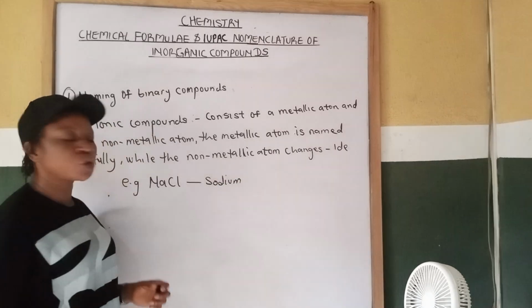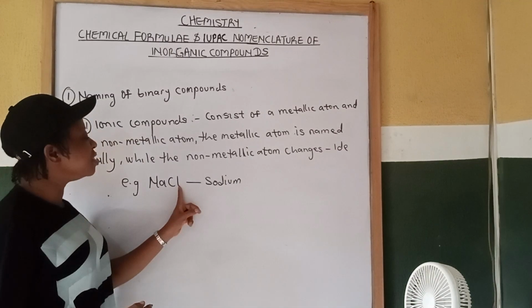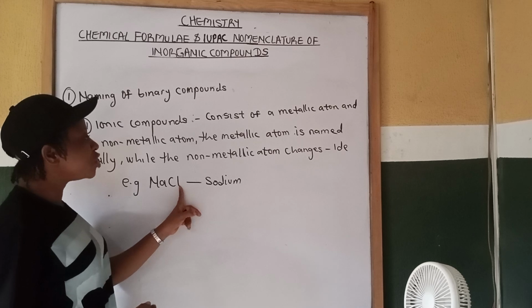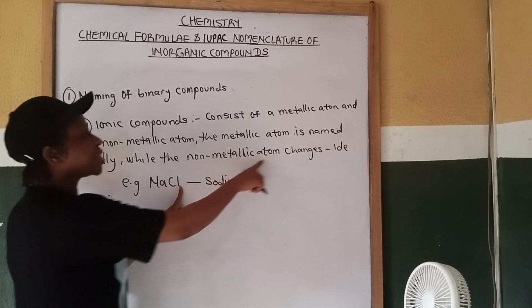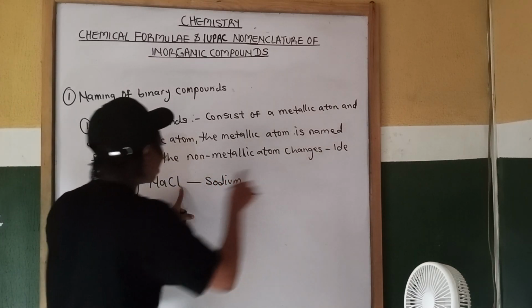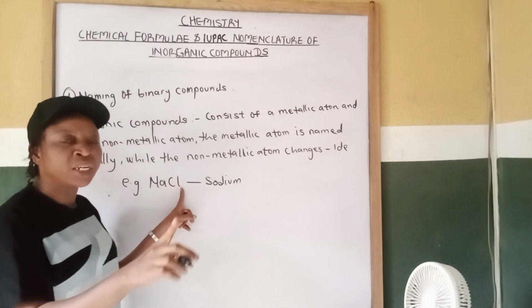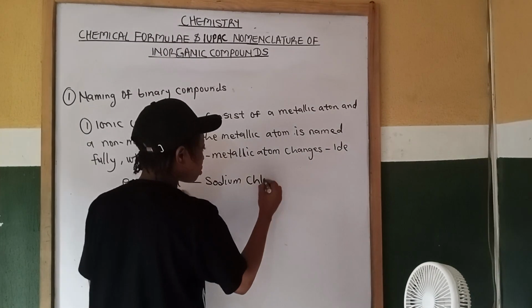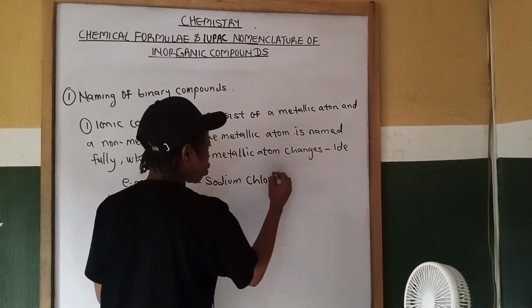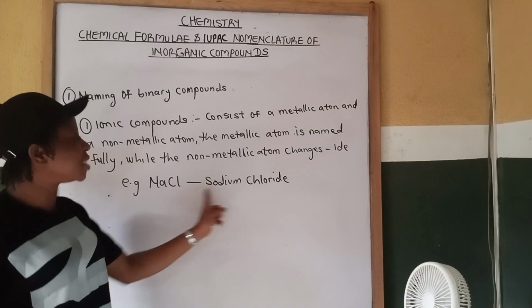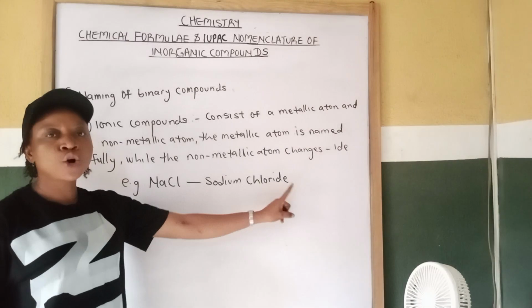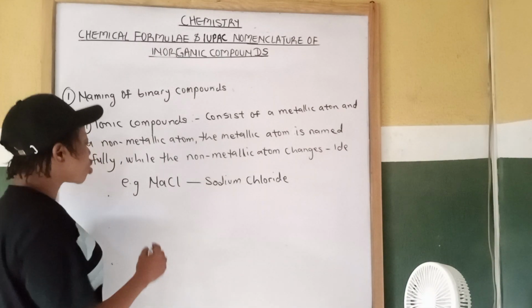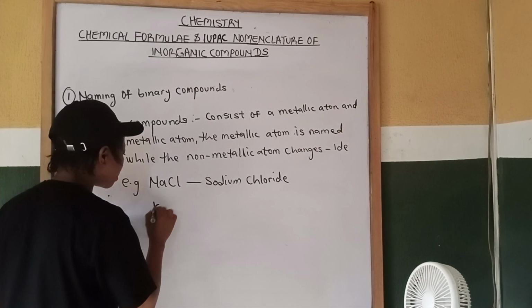Chlorine is a non-metal, so the non-metallic atom changes to -ide. Instead of chlorine, it becomes chloride. So the name of this compound is sodium chloride.